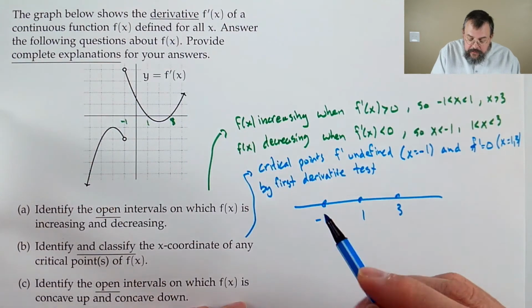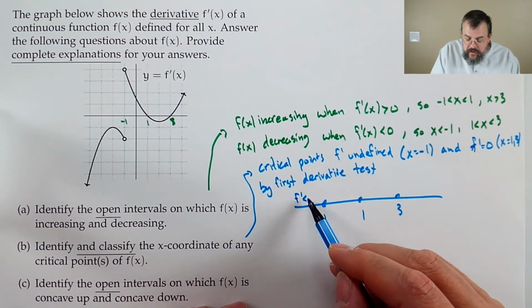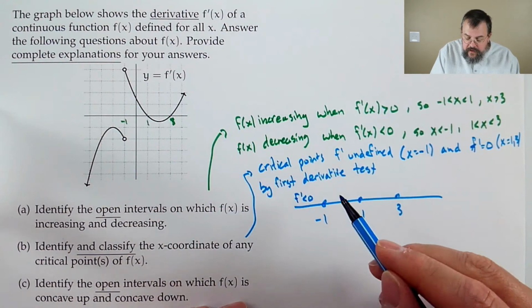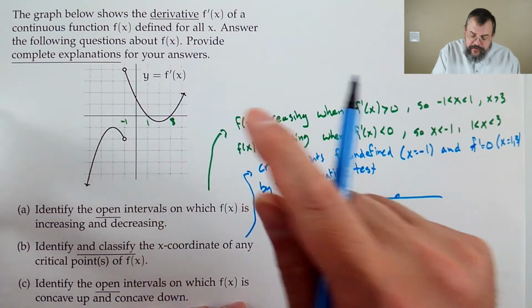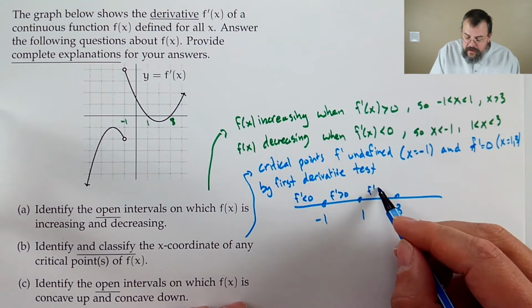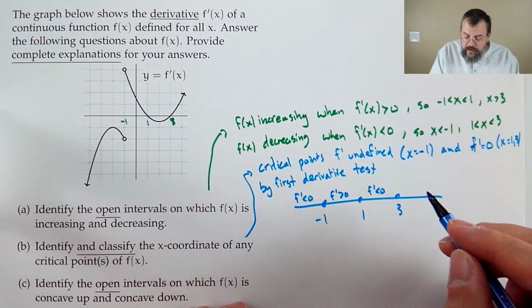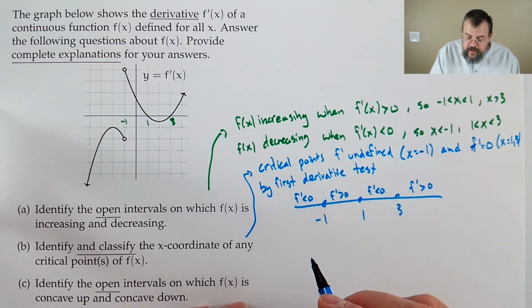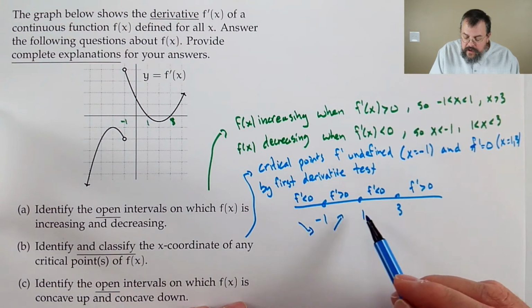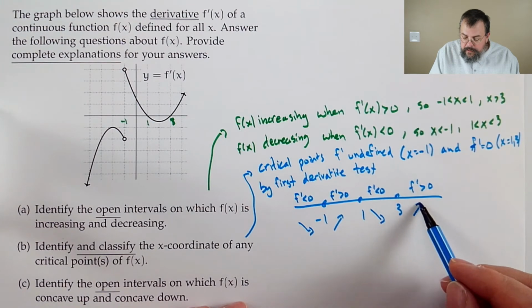And we're just going to look at the sign of the derivative. So we're negative, and then we're positive. Isn't this easy? You have a picture, you can read the answers off. Then we're negative, and then we're positive again. So we alternate: negative, positive, negative, positive. That says we're going down, then up, then down, then up.